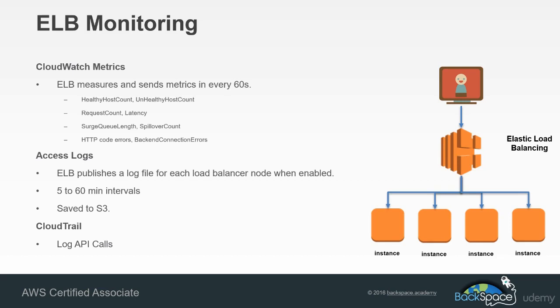The other thing that we can look at is using CloudTrail to log API calls on our Elastic Load Balancer, which is a great thing if you've got a lot of people administering the infrastructure on AWS. It might be a good thing to consider logging any API calls to your Elastic Load Balancer as well as any other resources that you have on AWS.